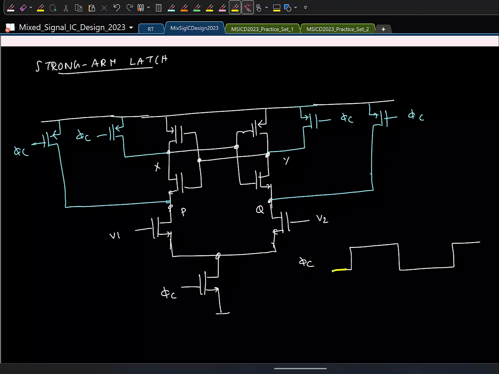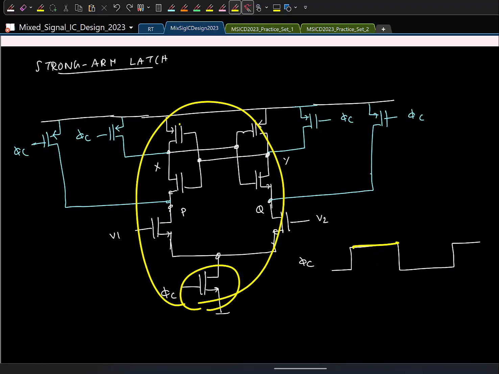So when phi c is 0, there is no power consumption, right? Because these switches are just connecting this to VDD. Then when phi c is made high, this guy is active. So for a small amount of time, we'll have currents drawn.